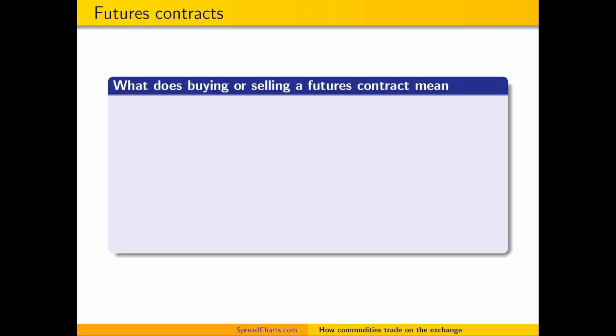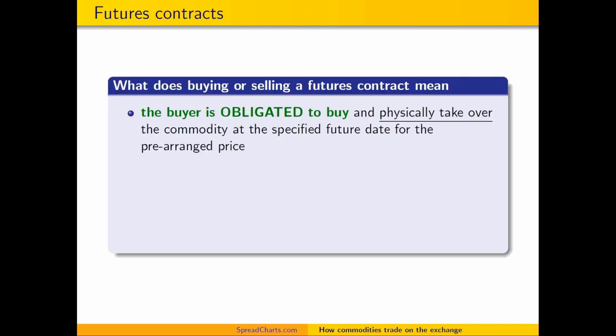When we buy a futures contract, we undertake ourselves to buy and physically take over the commodity at a specified future date for the prearranged price. For example, the current price of the futures contract that we decide to buy on the exchange is 400 cents per bushel. So we have to take delivery of the corn at some future date.